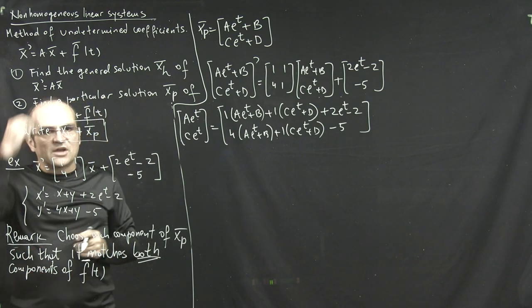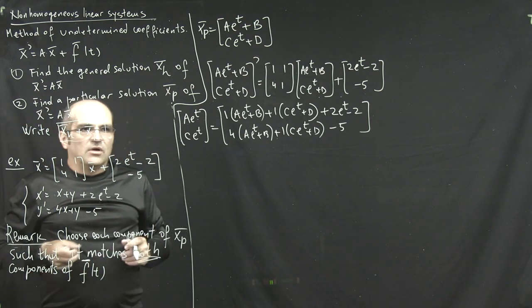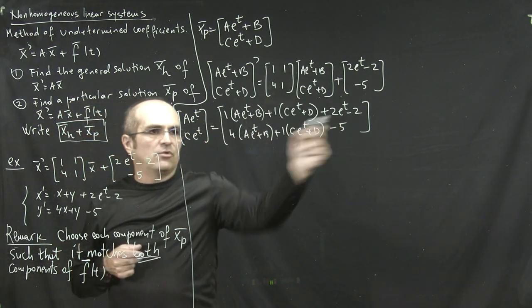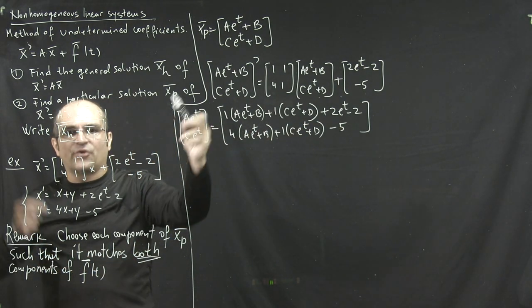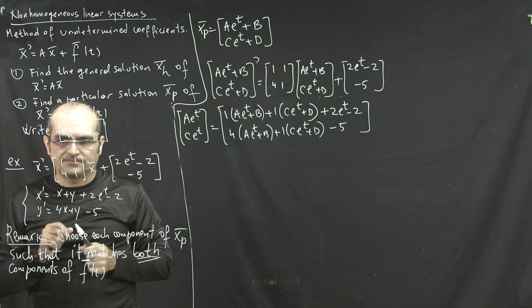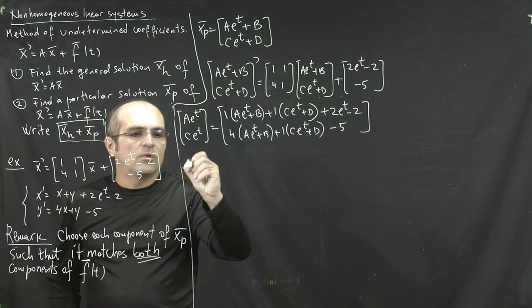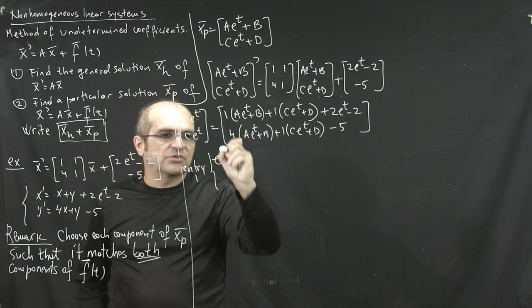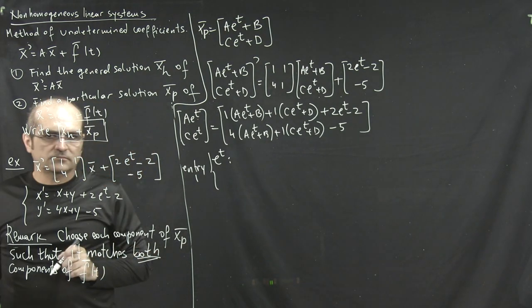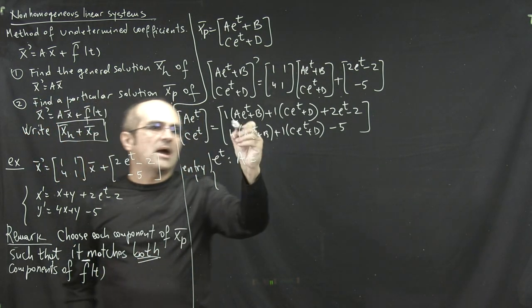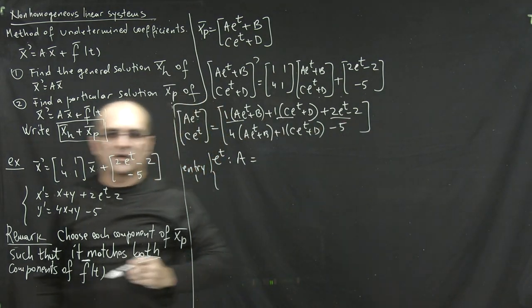So how do you extract the matching equations? Well, each entry will provide you 2 equations, because on each entry, when you match them, you're going to then further match the coefficients of the functions that appear in each entry. So for example, when we match entry 1, well, we have to match the coefficient of e to the t. It's a on the left, and on the right, don't forget any piece here.